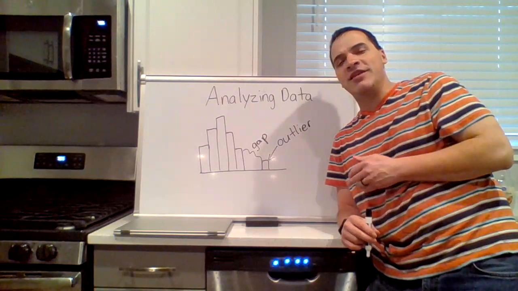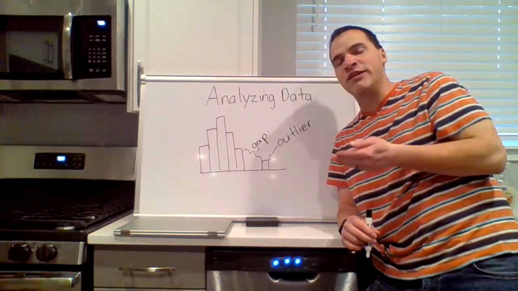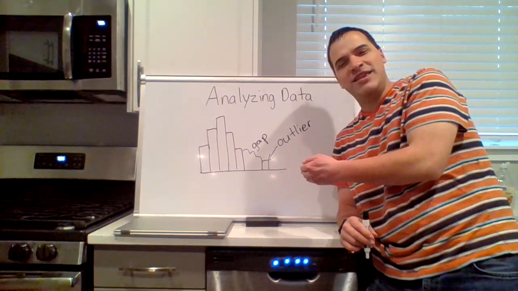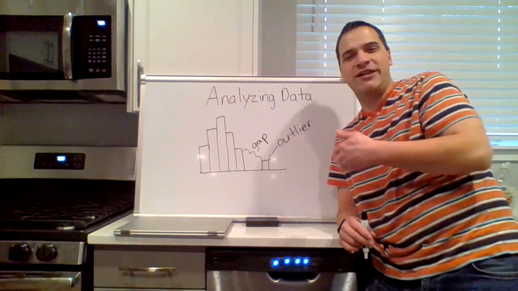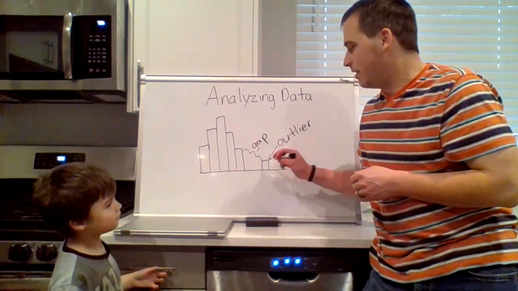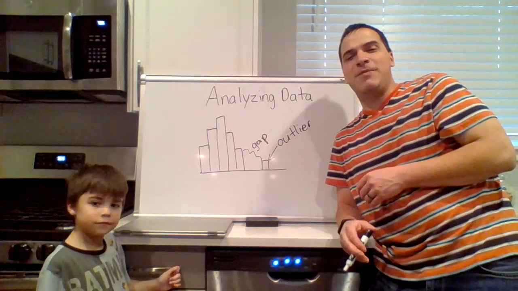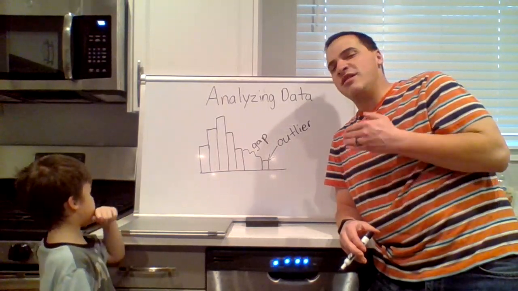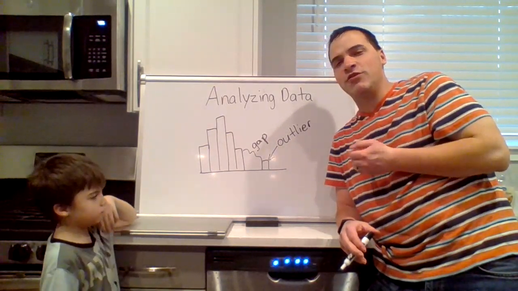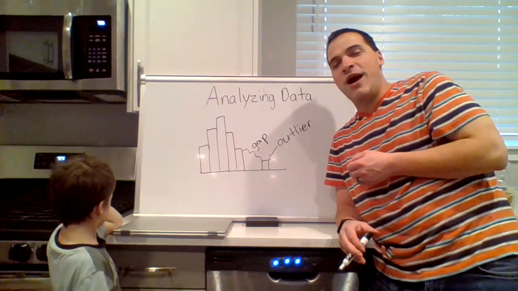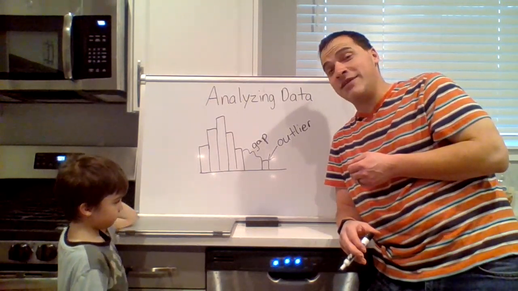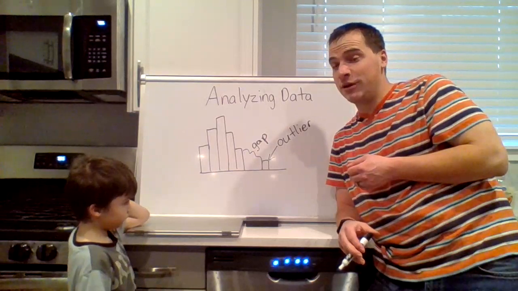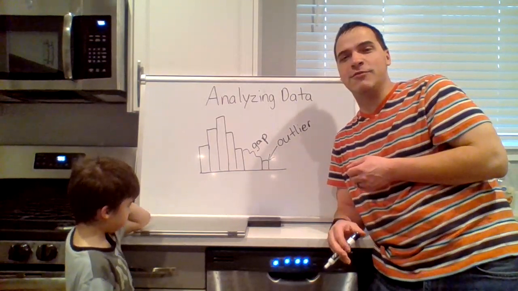For our purposes, just visually look and see, does it really stick out? Yes or no? Let's find out. This could be an outlier, it could not be, depending on what happens. For our purposes, visual inspection is good enough. If you actually really care, it's 2.5 times the interquartile range plus Q3 or minus Q1.